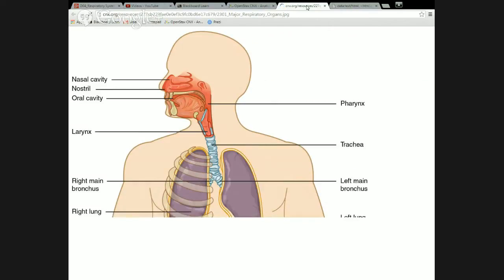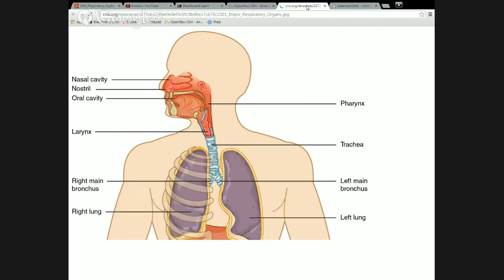But I'd rather present the anatomy as an anatomist, more in terms of the upper and lower respiratory tracts. A lot of sources will define those pretty simply just as what's in the head and neck versus what's in the thoracic cavity. But it really should be defined a little bit better than that.